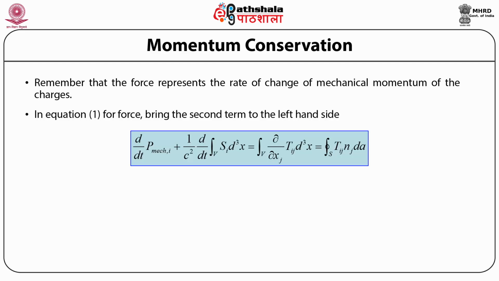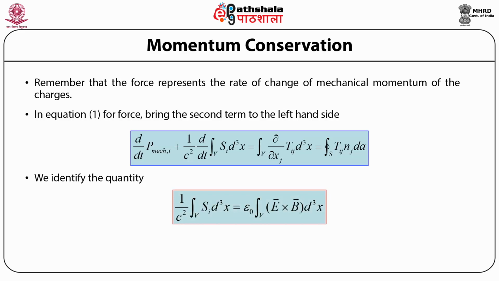And then again, using the Gauss's divergence theorem, the term on the right hand side of the equation can be written in terms of the surface integral over the surface element dA of the Maxwell stress tensor T subscript i j times the surface area unit vector n subscript j, where n subscript j denotes that the surface area unit vector is directed along the jth direction.